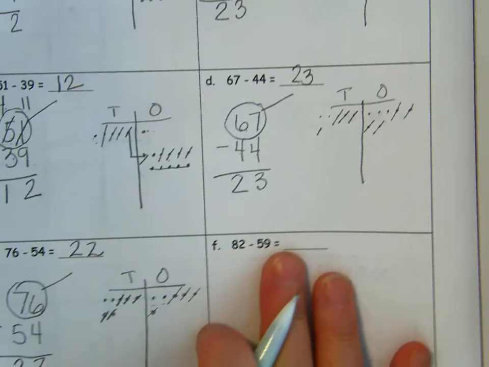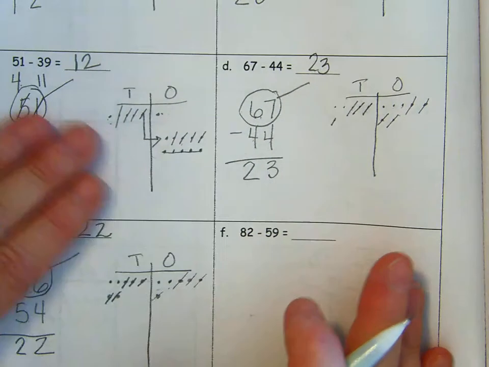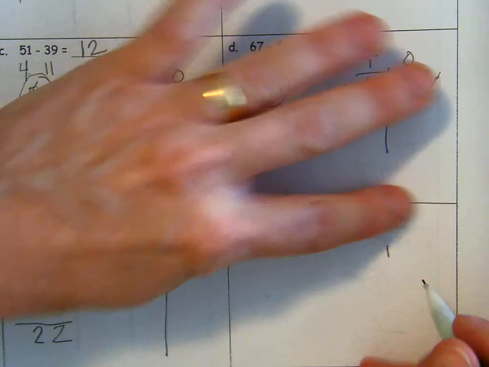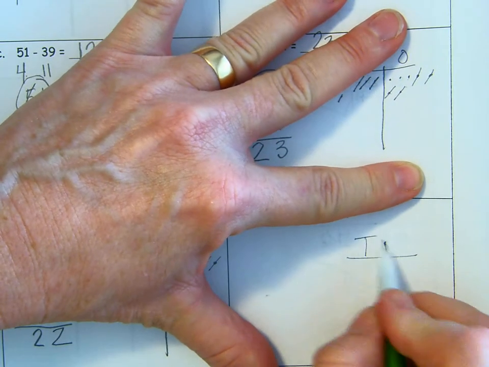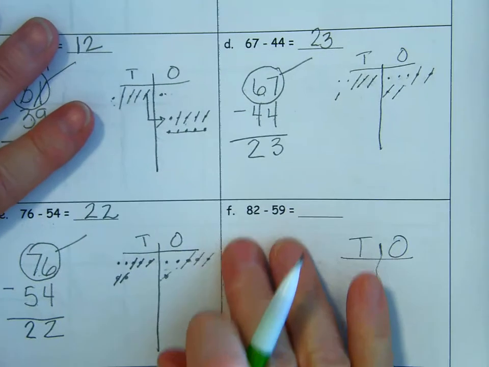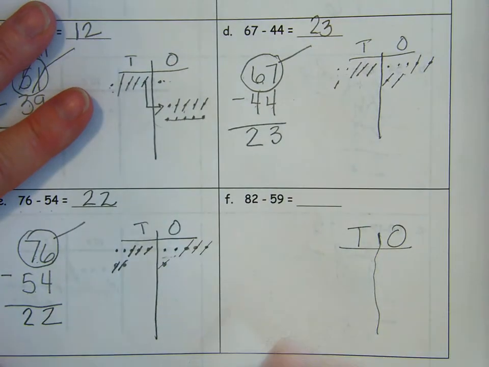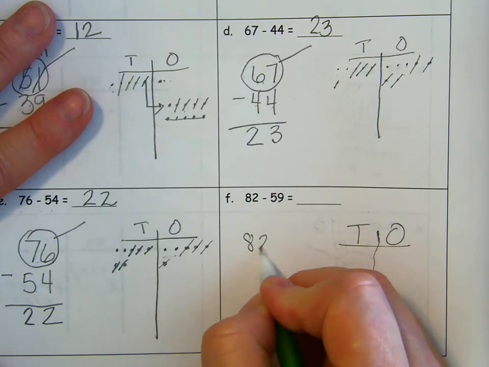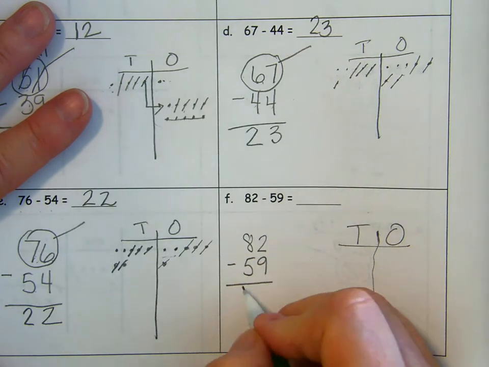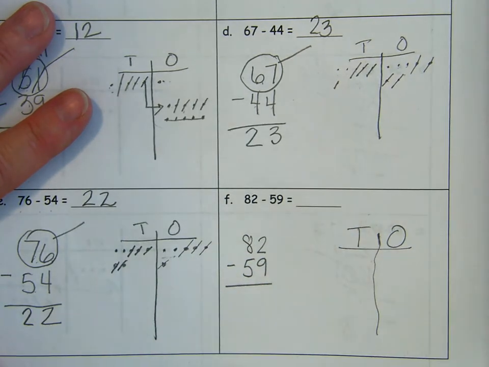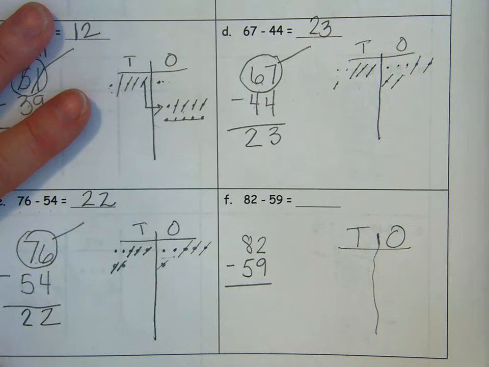Excellent. Last one. Oh, I ripped my page. Here is my place value chart. And now I'm going to do my vertical form. 82 minus 59, always making sure we line up our 1s and our 10s.